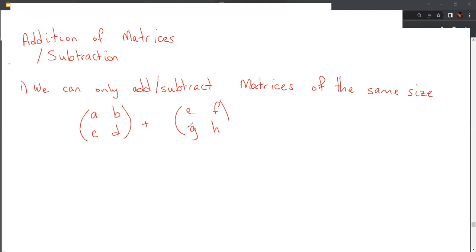So I could add or subtract matrices of the same size, but I cannot subtract a matrix like this, because they are of 2 different orders or 2 different sizes.